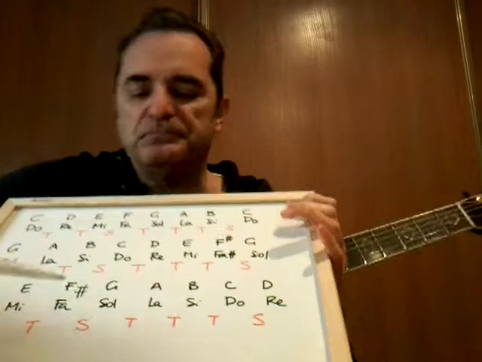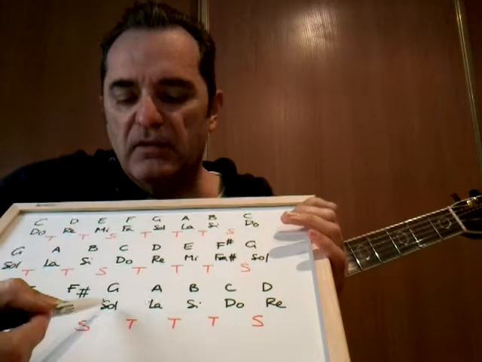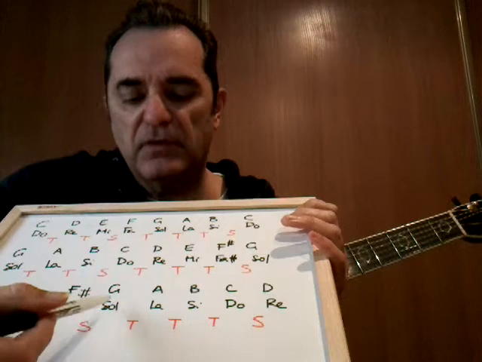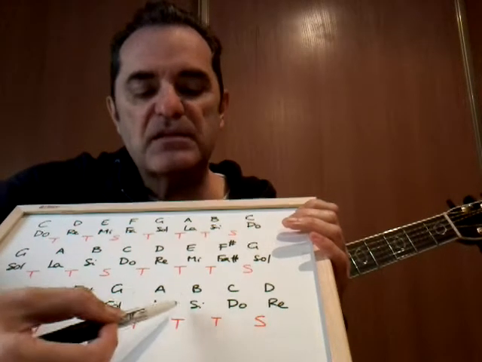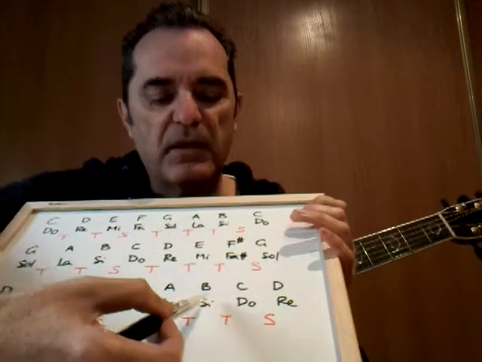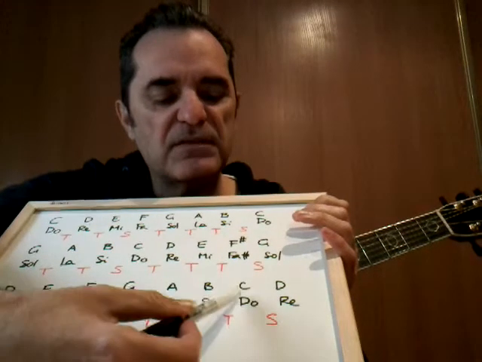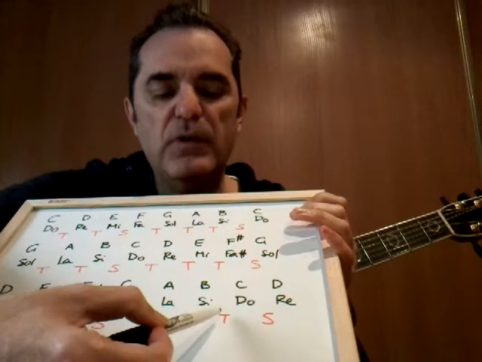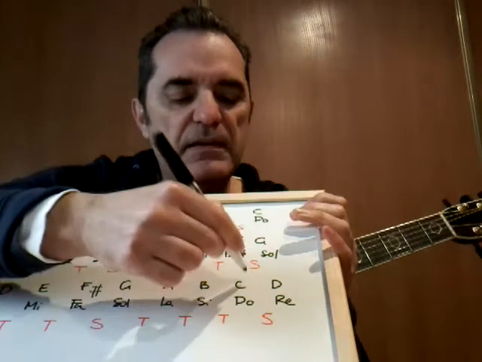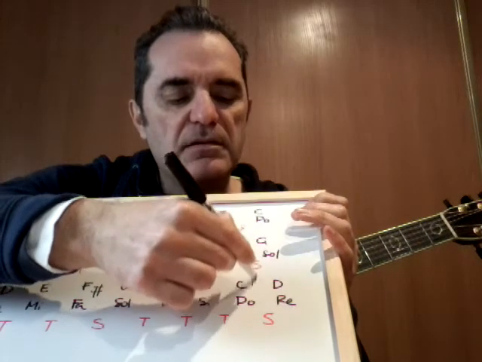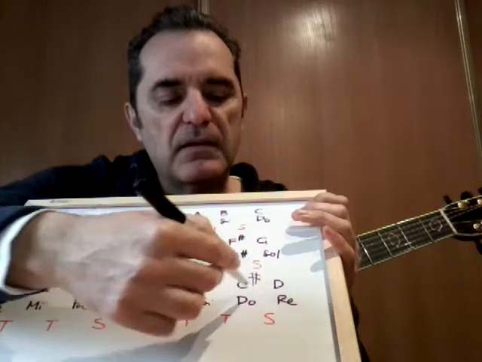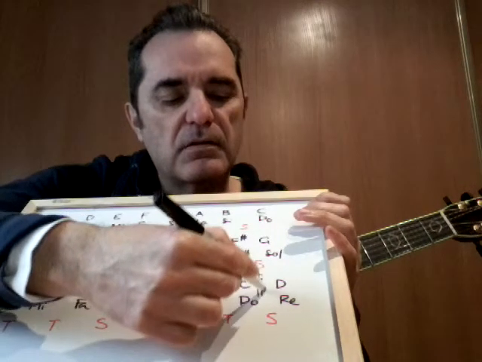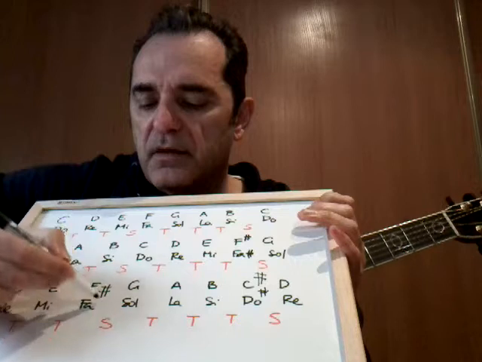Move on. G, from G to A a tone, from A to B a tone. Now we've got another problem here, because from B to C there is a semitone and we need to put a tone, so we need to sharp this note. So now it will be C sharp, do sostenido, and here F sharp.